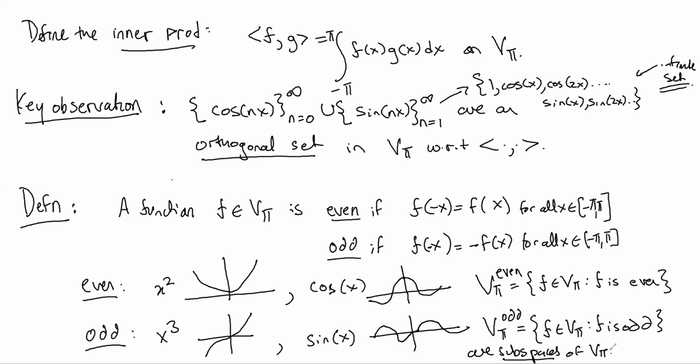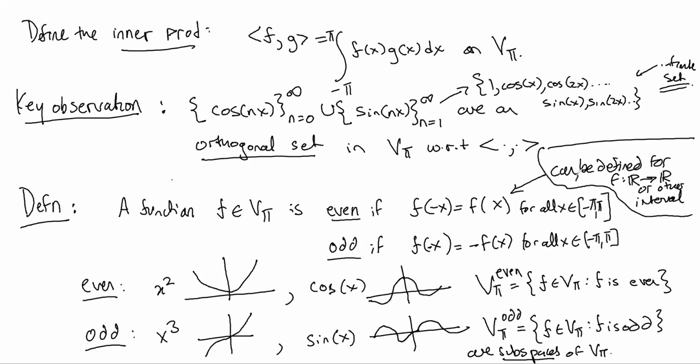Somebody asked, do odd and even functions only exist in V pi? Well, I'm defining them in V pi, but really this can be defined for any function on R or on an interval. This is a general concept that will come up later in life for many people.